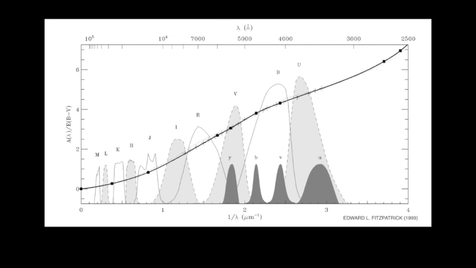The wavelength is on the top axis, and the curve here is A lambda, the extinction at wavelength lambda, divided by the color excess B minus V. Because we like to know the value of this where lambda corresponds to the visible, if you look at this curve, you will see this number for the visible band, which is given by V here.